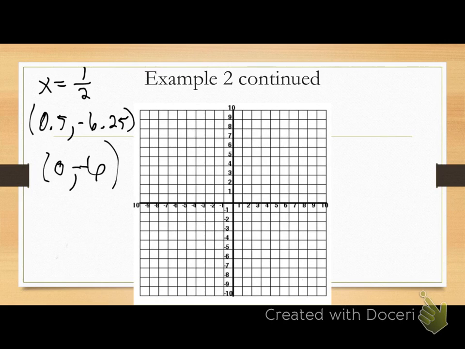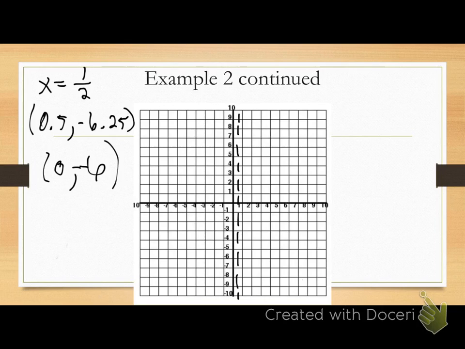So I'm graphing these three things. So let's graph my axis of symmetry. It's going to be about halfway between 0 and 1. So it'll be just going down right here. Questions how I got that?